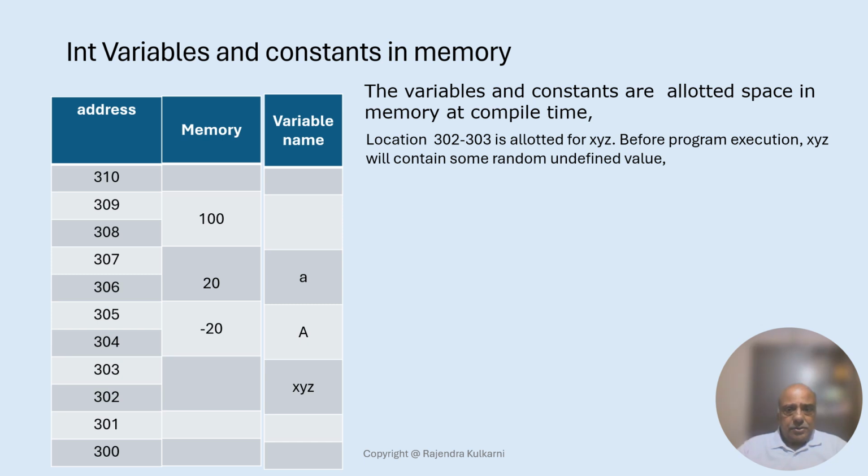XYZ gets memory location 302, 303, but at compile time, XYZ's memory location will not contain any value. It may be some random undefined value, which is always referred to as a garbage value in the parlance of C programming.